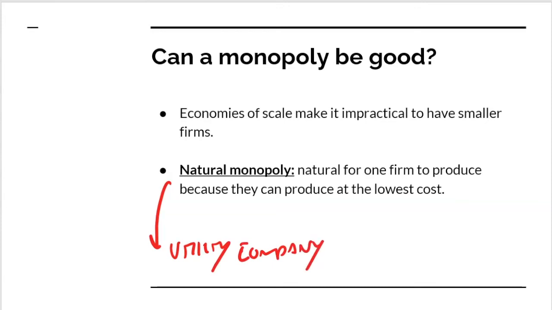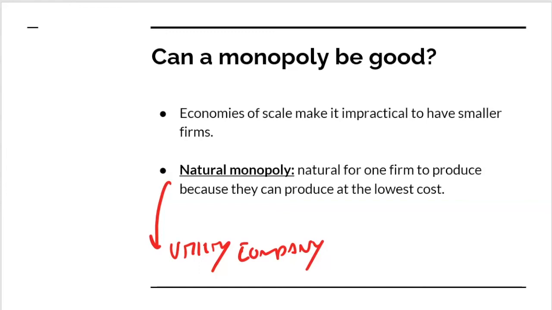The reason they're called natural monopolies is because of economies of scale. Remember, economies of scale means the more you produce, the less expensive it is to produce, the lower the costs. If you think about our electrical company, Dominion Power, providing power to the first home is astronomically expensive. But providing power to the 100th home is less expensive.